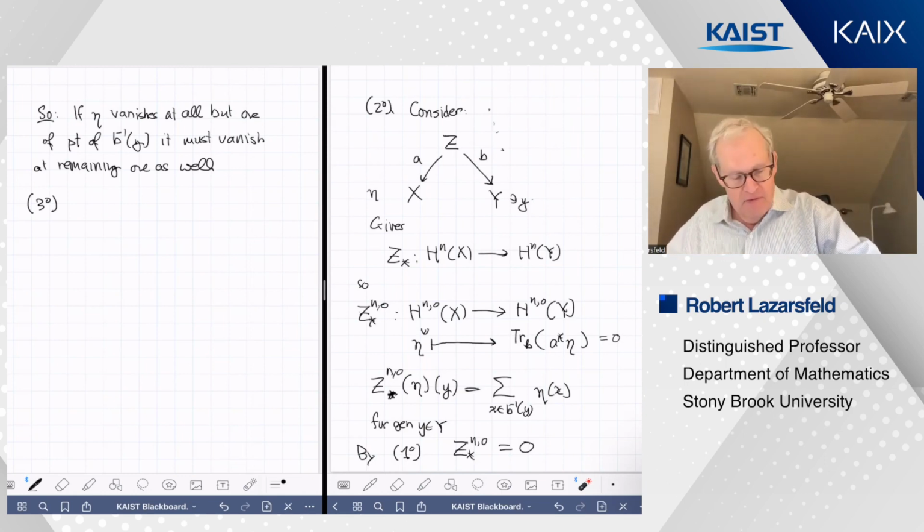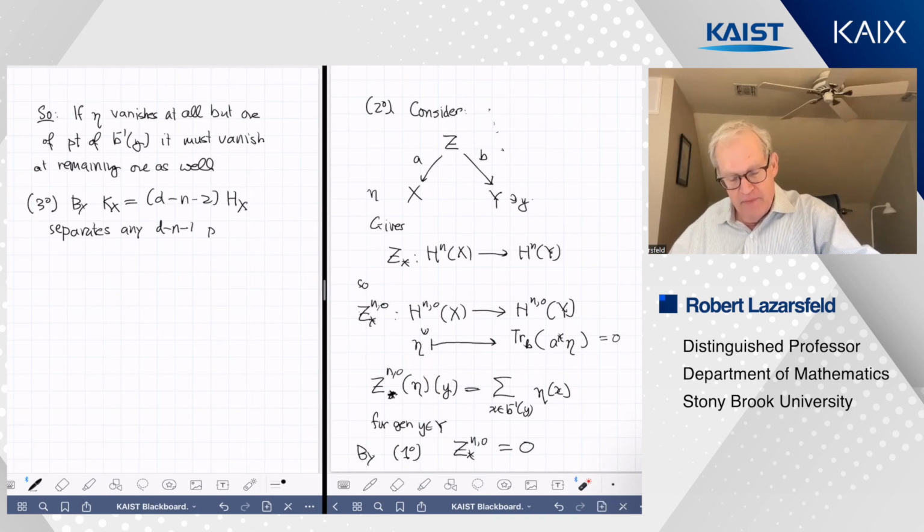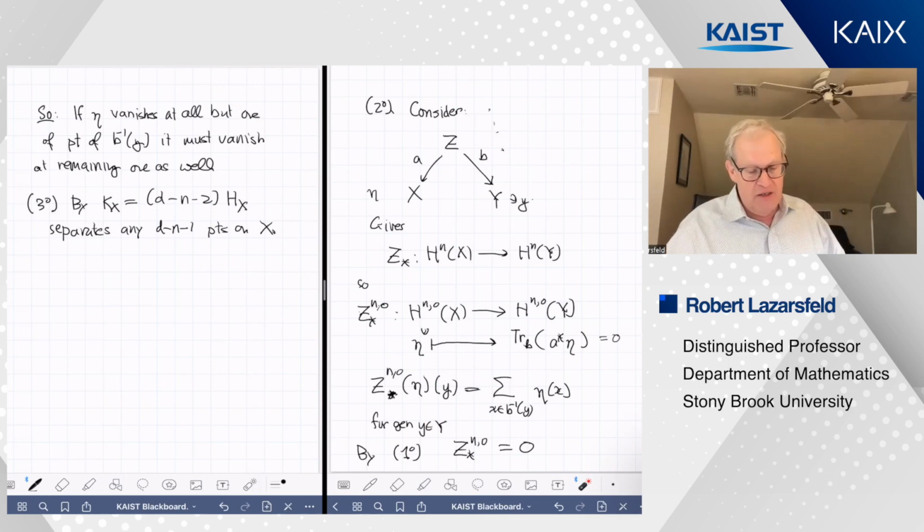Remember that the canonical bundle of X, KX, is linearly equivalent to D minus N minus 2 times a hyperplane class on X. And this line bundle, it's elementary, separates any D minus N minus 1 points on X. So what that means is that if the degree of this map were D minus N minus 1 or less, this couldn't happen.